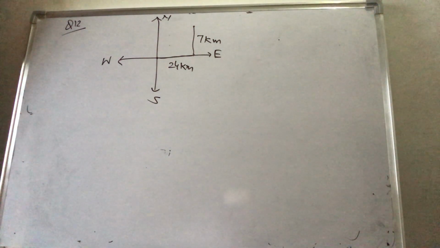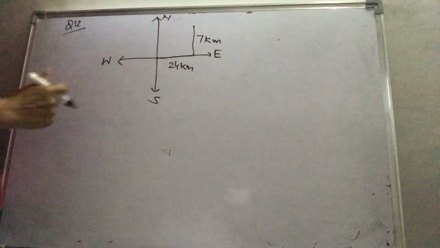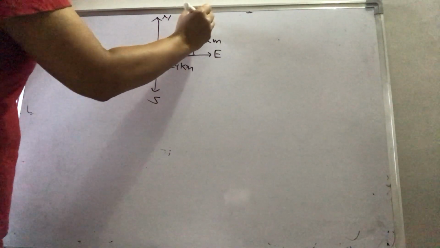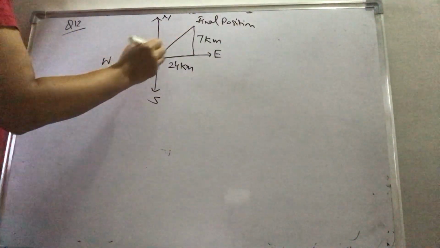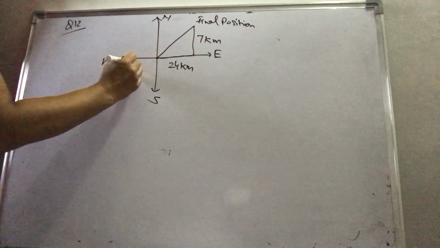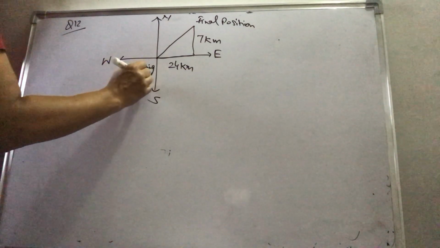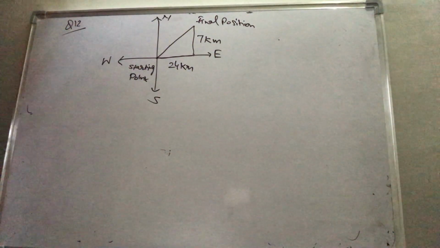We have to tell the distance between the starting point, means this point, and the final position. So this is the final position and this is the starting point. Means in this right angle triangle we have to tell the hypotenuse.